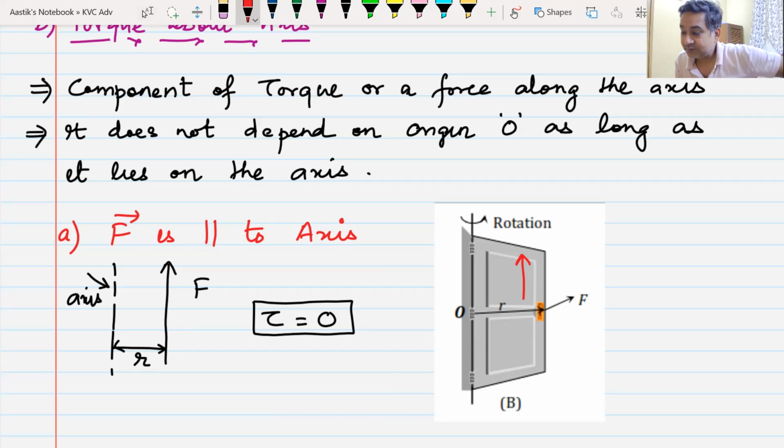Yes or no? Sir, no, it does not open. Why does it not open? Because your force is parallel to the axis of rotation. You cannot open a door by pushing it like this or pulling it like this. Your lines are parallel. Do we understand this? Yes, sir. So it does not open.